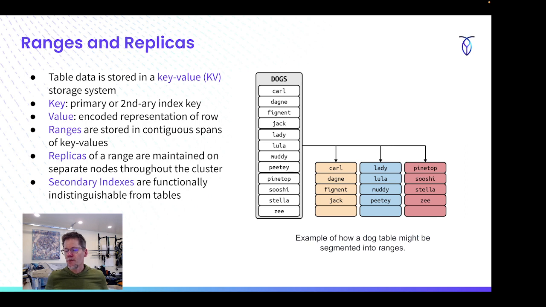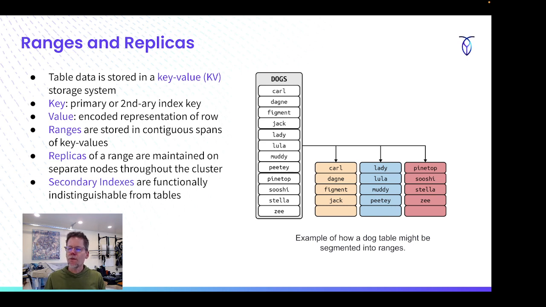And then, as I mentioned before, ranges are stored in contiguous spans of key values. And the replicas of a range are maintained on separate nodes throughout the cluster. And in a sense, when we talk about indexes, we'll talk about the primary index, which is essentially the index that lives with the table data, the row data itself. So they're very similar to each other. They just have slightly different key value distributions.